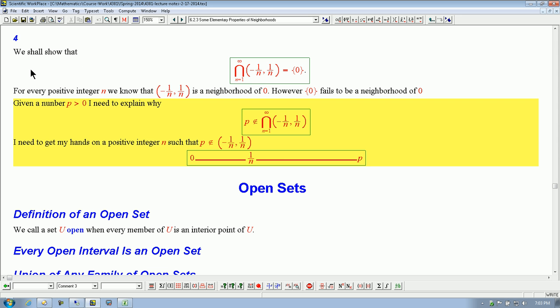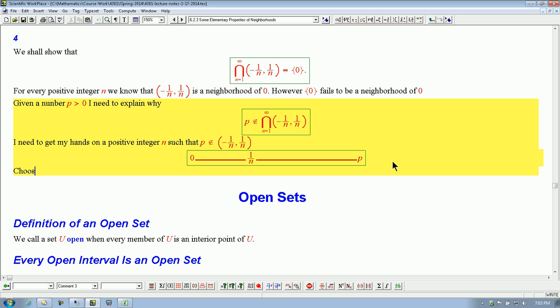And p. If I find a positive integer n that makes 1 over n less than p, then can p possibly be in the interval from -1 over n to +1 over n? Can it be there? It cannot.